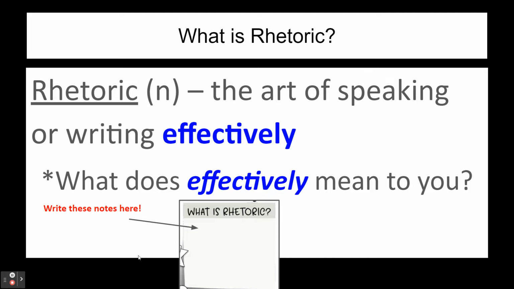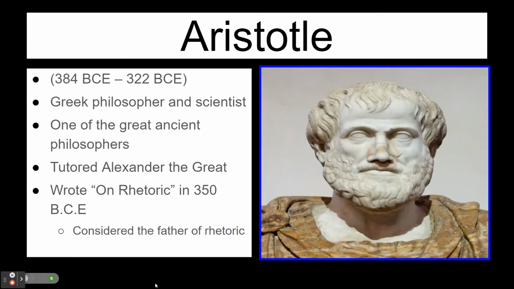Okay, rhetoric is the art of speaking or writing effectively. Think about what effectively means to you. If it's effective, what kind of writing would that be? So Aristotle is considered the father of rhetoric. He was a Greek philosopher and scientist. He's one of the great ancient philosophers.